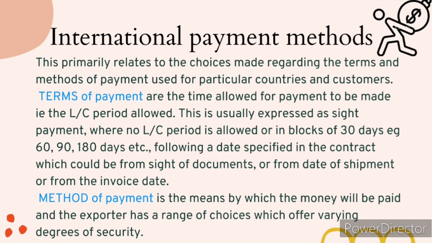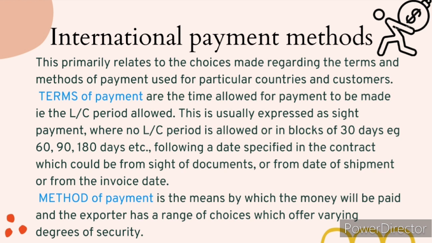International payment methods. This primarily relates to the choices made regarding the terms and methods of payment used for particular countries and customers. Terms of payment are the time allowed for payment to be made, the credit period allowed.